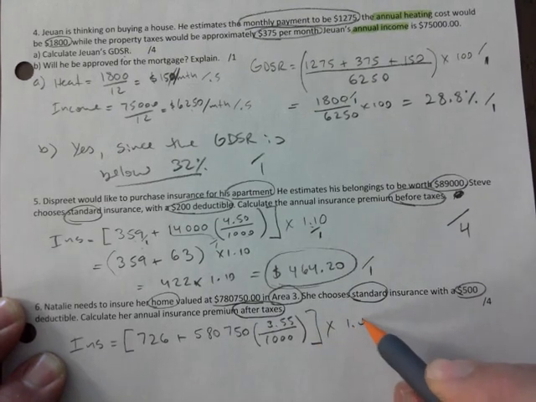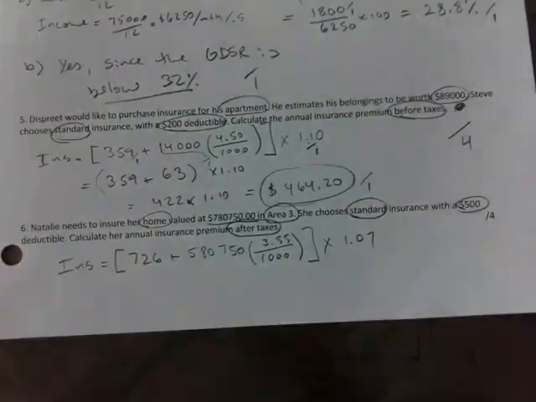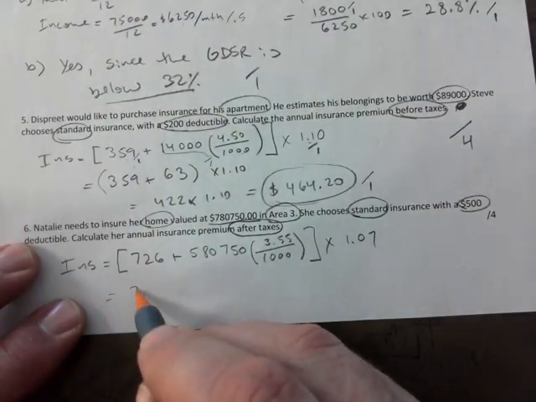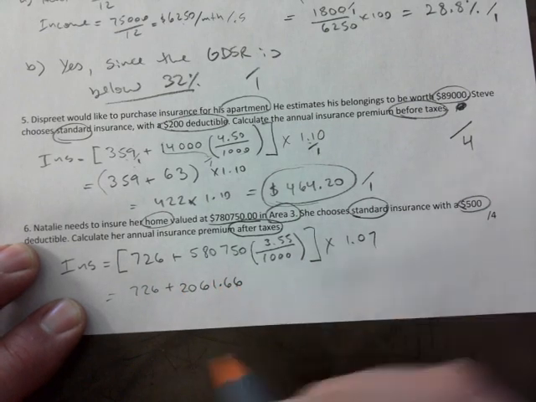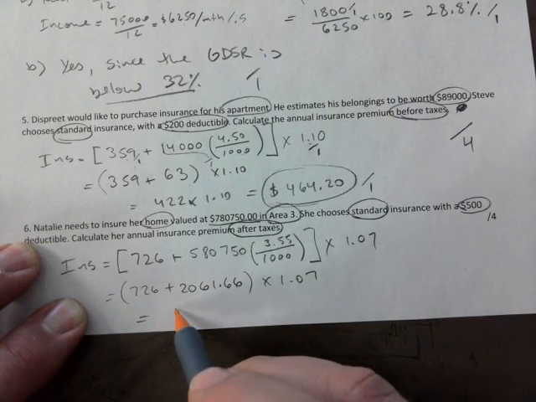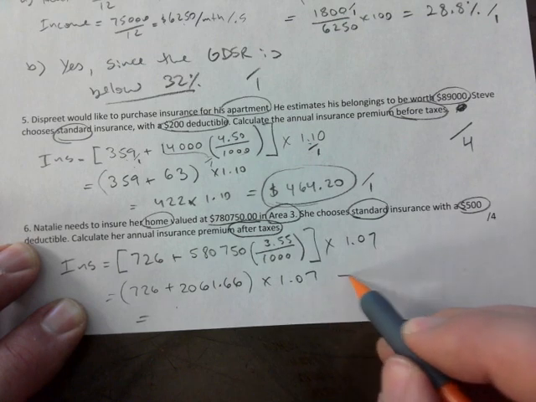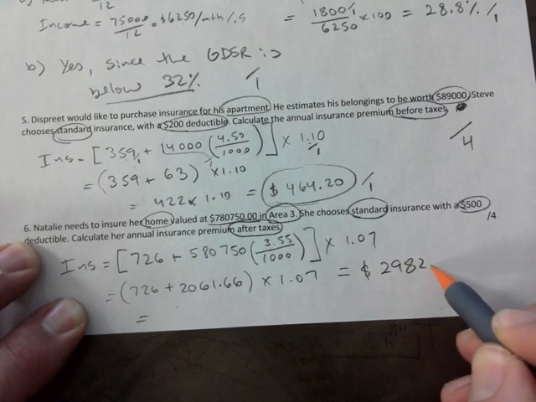You're going to multiply this whole thing by 1.07. So here we go, 726 plus 2,061.66. All of that times 1.07. So you get, I just have the final answer. Sorry guys, here we go. 2,982.80.